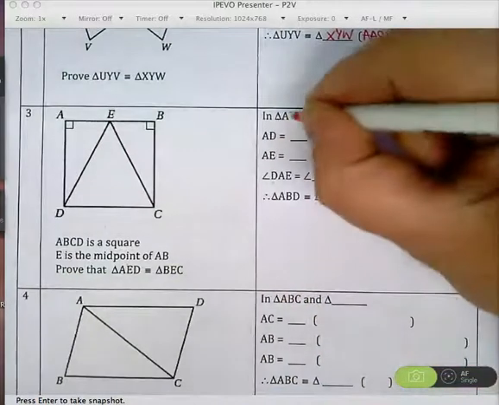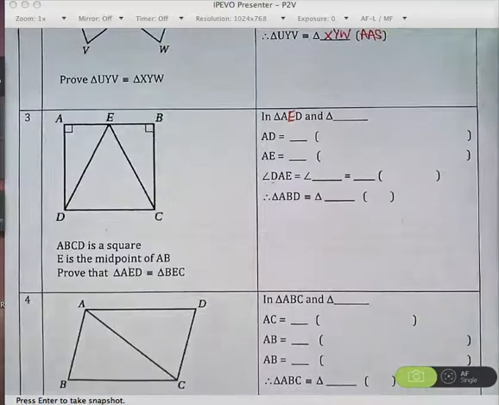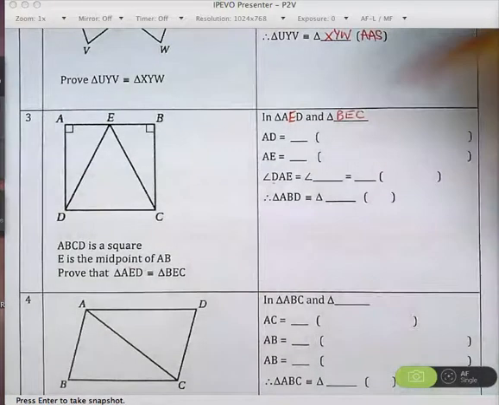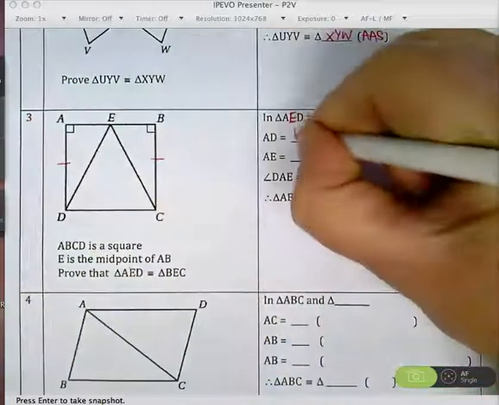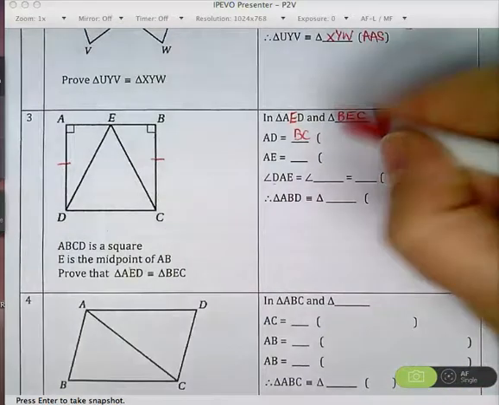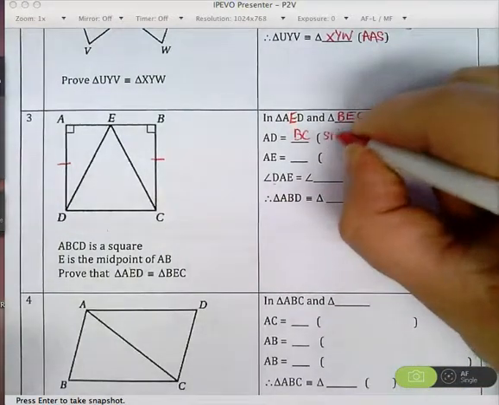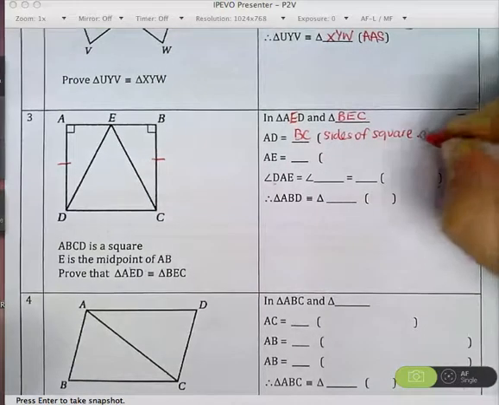So let's start by identifying the triangles. In triangle AED and triangle BEC, what do we have? We know that AD is equal to BC, and the reason for that, it's not given. It's because all sides of a square are equal, or you can just say sides of square are equal.